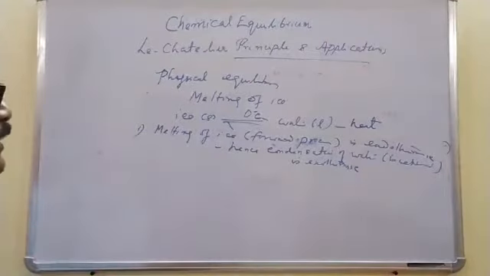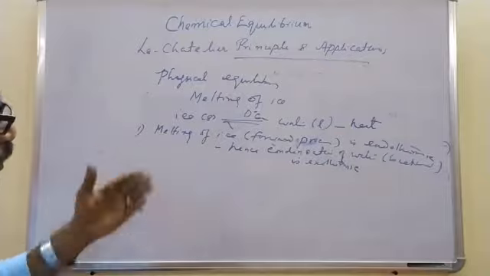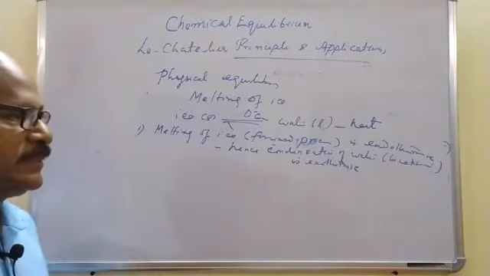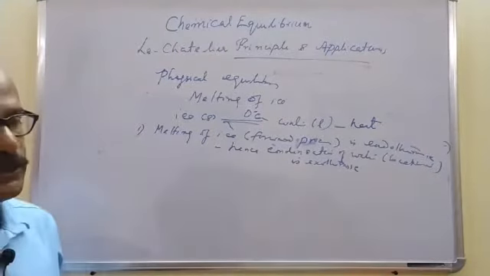So in connection with this physical equilibrium, melting of ice, you have to remember the situation here: the melting of ice is endothermic. It is accompanied by absorption of heat, and hence the reverse process, that is the condensation of water, is exothermic.